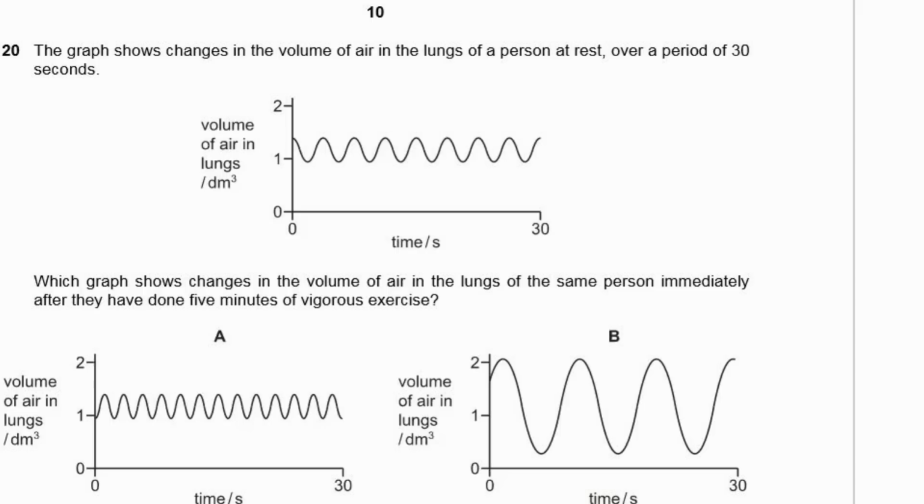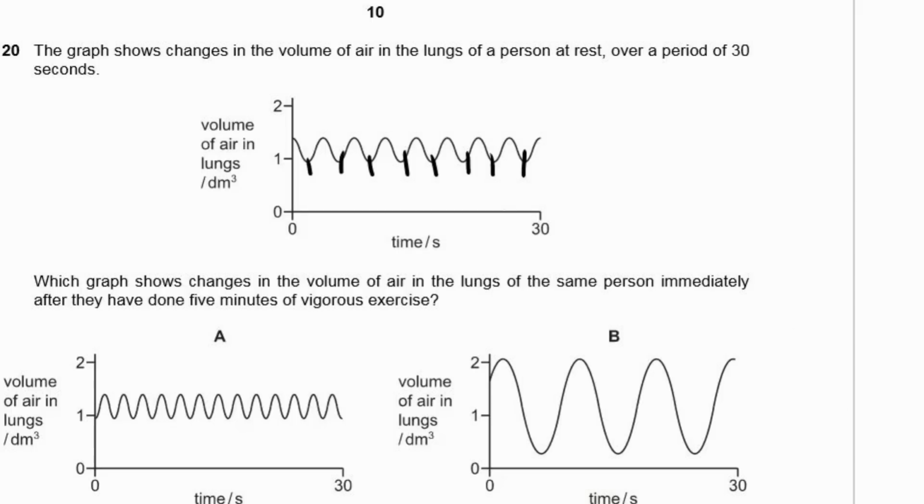After you've exercised, you're going to be breathing much faster and much more deeply. So the rate, there's 1, 2, 3, 4, 5, 6, 7, 8 breaths in 30 seconds. So the rate is 8 breaths per 30 seconds to start with.